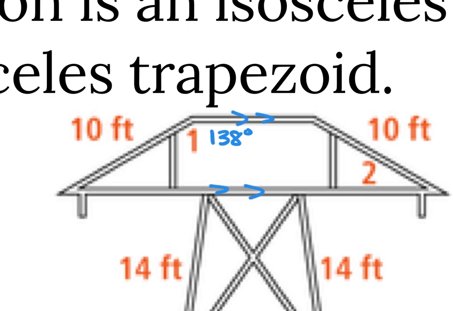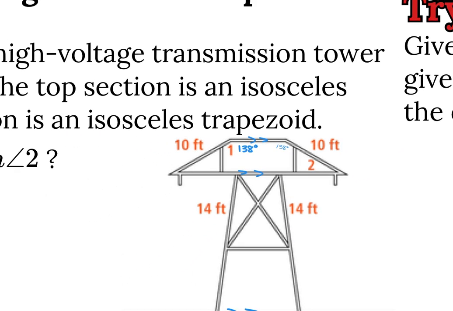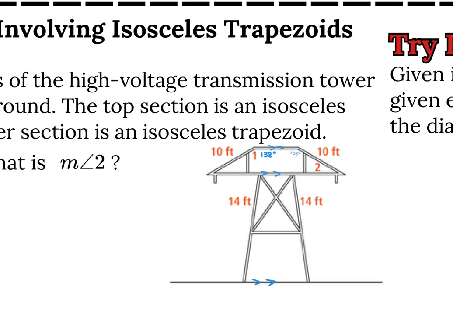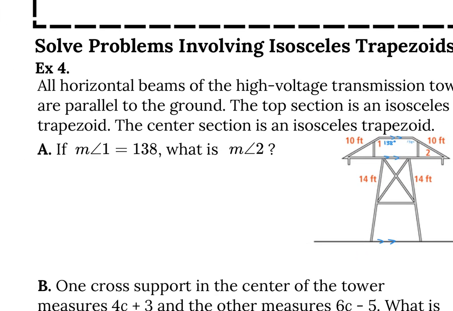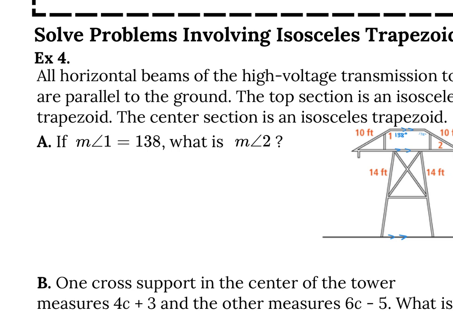Okay, so if angle 1 is 138 degrees, that means this would also be 138 degrees. We are looking at the isosceles trapezoid at the very top, so there are 4 sides. That means there's 360 total degrees inside for our interior angles.